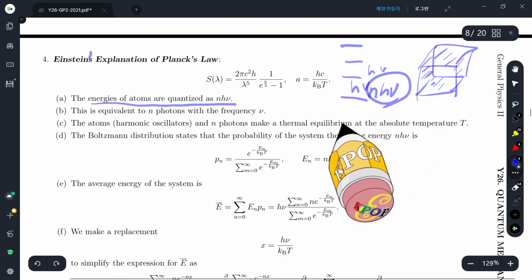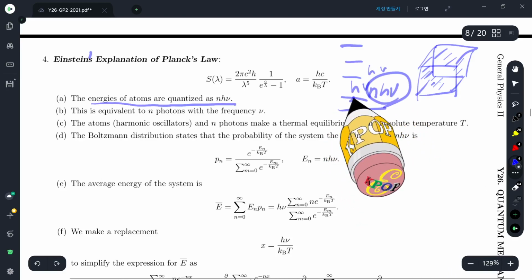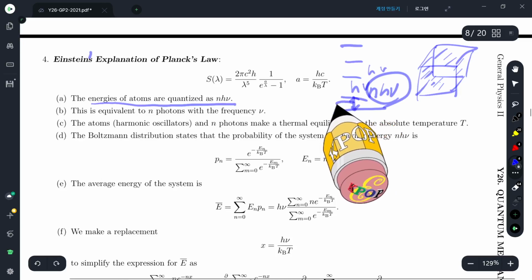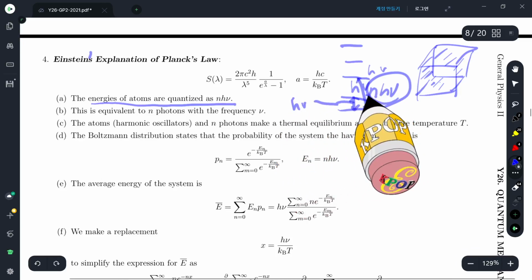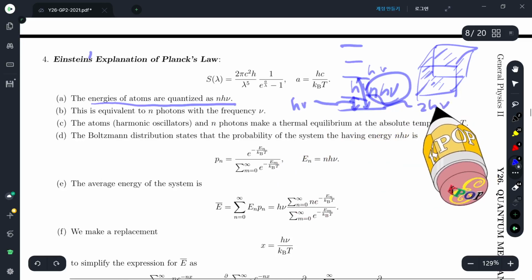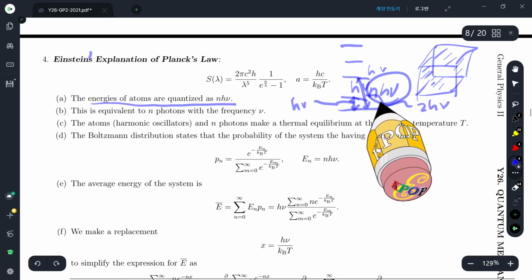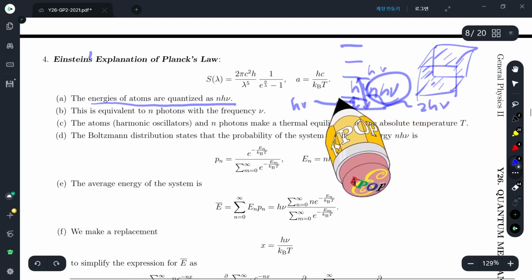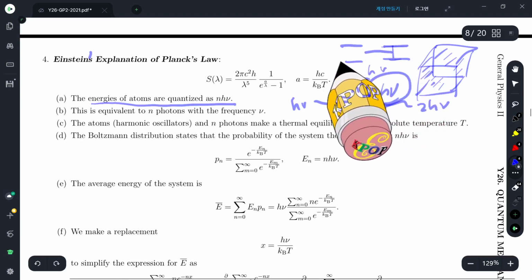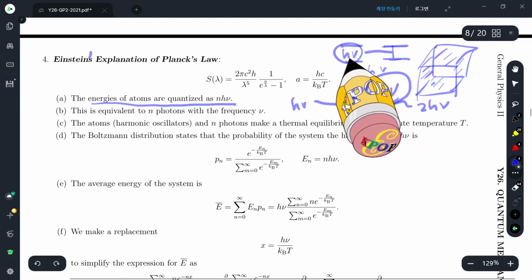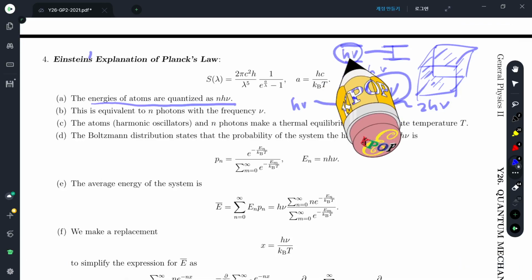The transition from the ground state will emit a photon of h nu, and this transition will emit a photon of 2h nu. Simply, if we consider two states, then the energy difference is h nu, and it emits a photon. With n such transitions, it will result in n photons with the same frequency.